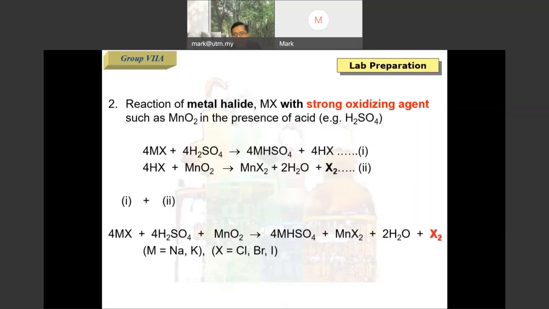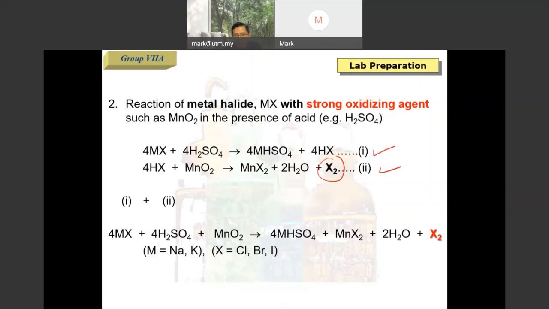So, reaction of metal halide with strong oxidizing agents such as manganese dioxide in the presence of acid. The acid itself is also an oxidizing agent, and it catalyzes the reaction so it can form the halides. There are two reactions.